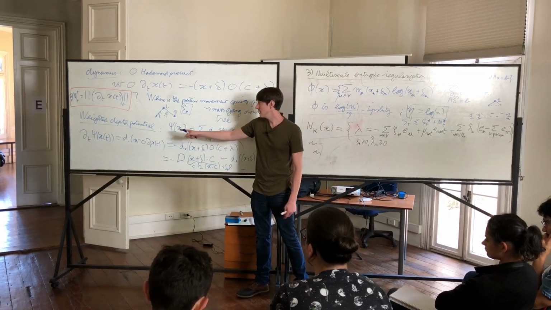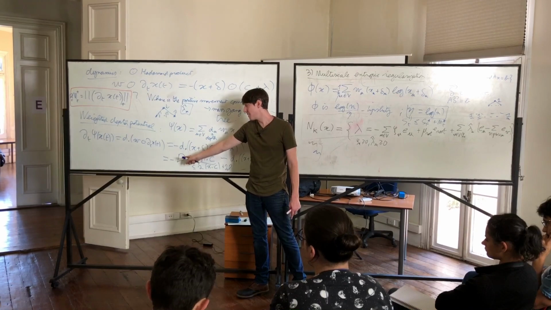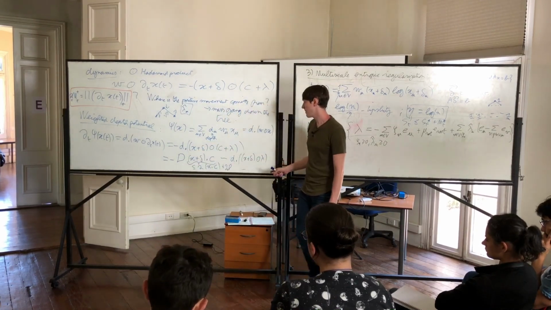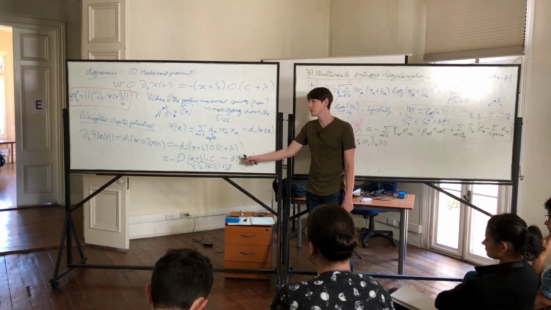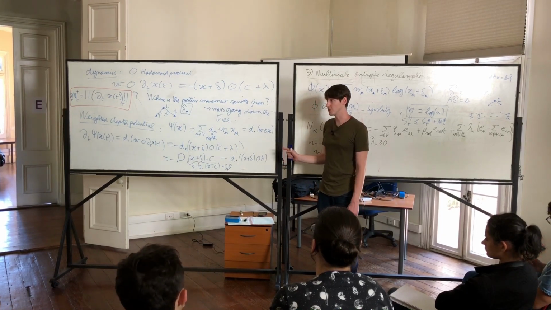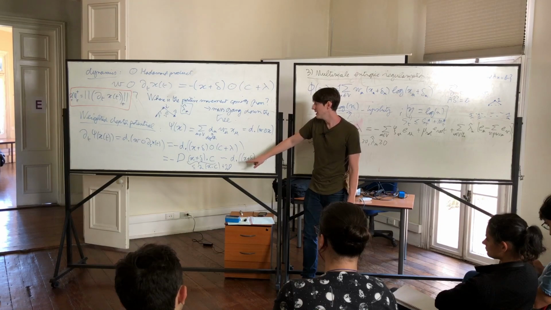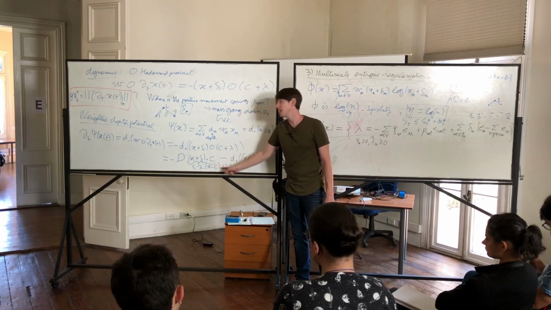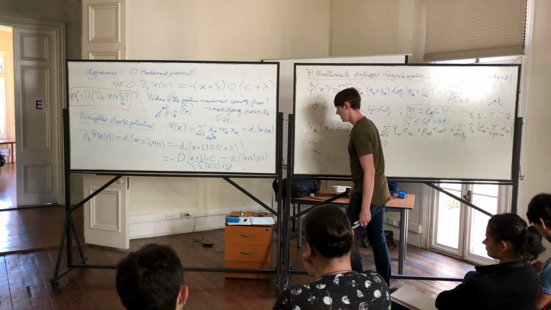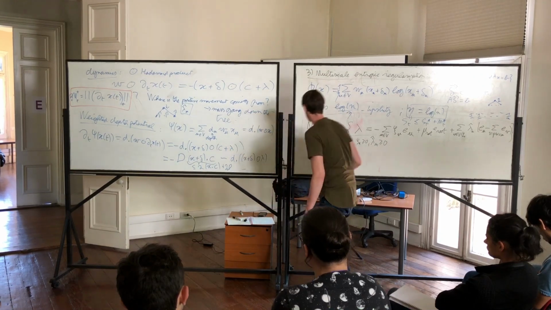So what we see is that we have minus the depth times the service cost. And what I'm going to show you is that this term is nothing but the positive movement cost. So what we'll get is that the positive movement is equal to capital D times the service cost.